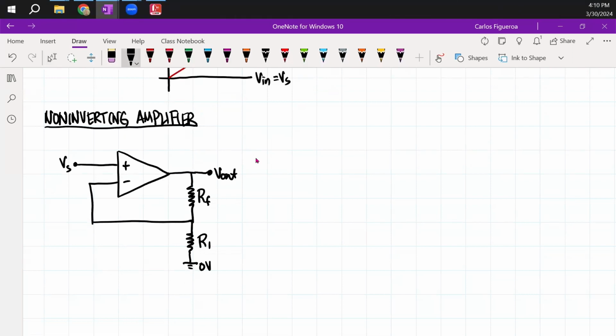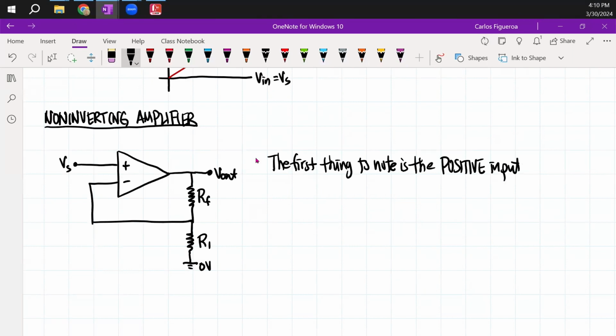So the first thing to note is the positive input is on the top.